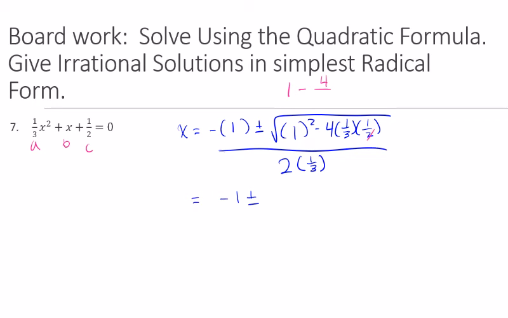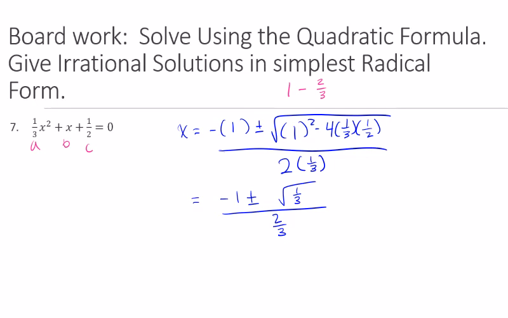Or I guess we can reduce the 4 and the 2 and get 2, so it'll be 2/3. So 1 minus 2/3, which is 1/3, right? So we get the square root of 1/3 all over 2/3.